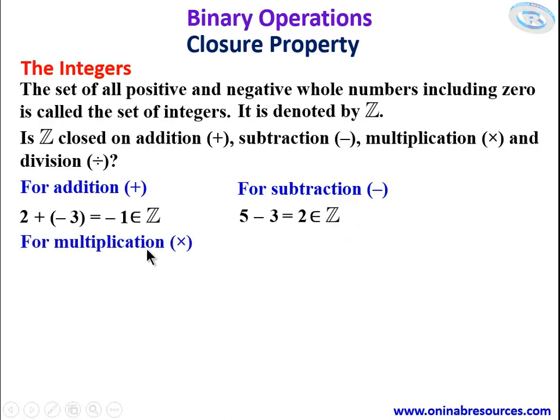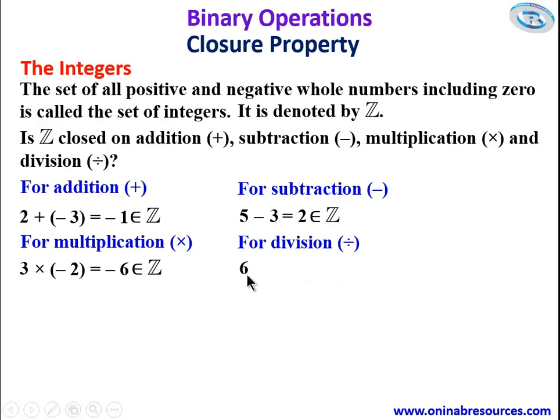Then for multiplication, we pick two integers, multiply them, and see if we will get an integer. So we pick 3, multiply by -2. 3 times -2 gives -6, and -6 is an integer. Therefore, -6 is an element of Z. Then for division, we also pick two numbers, divide them, and see if we will get an integer.